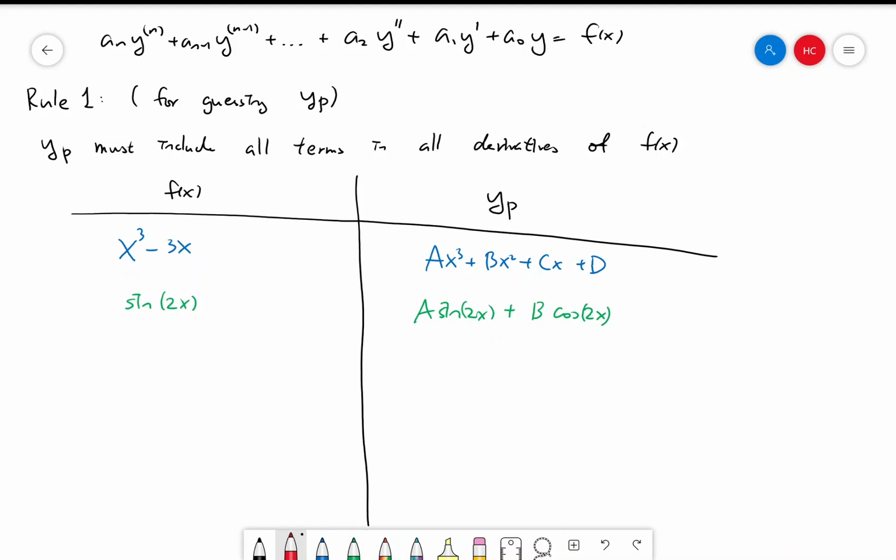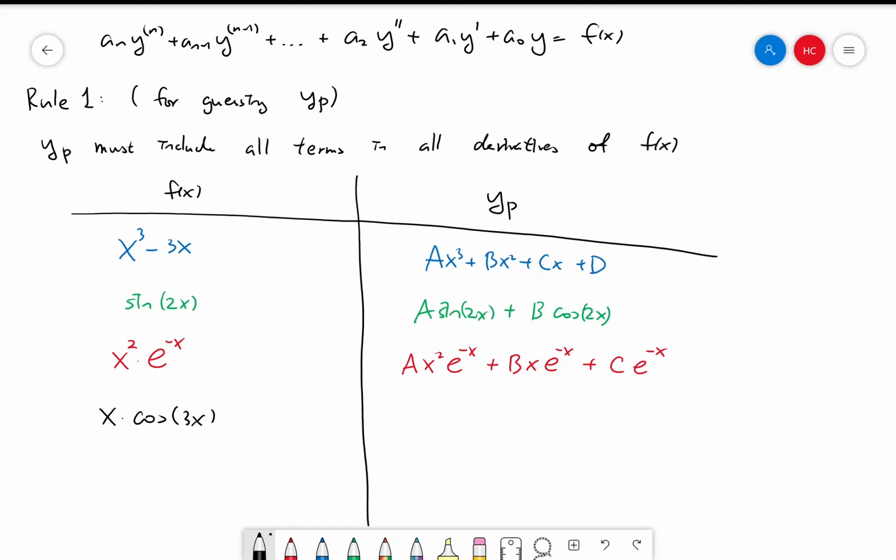And if your f of x is a polynomial times an exponential function, then aside from the original term, we need to include all the terms in the derivative, which is x times e to the negative x and e to the negative x. And the same applies if you have a polynomial multiplied by a trig function.